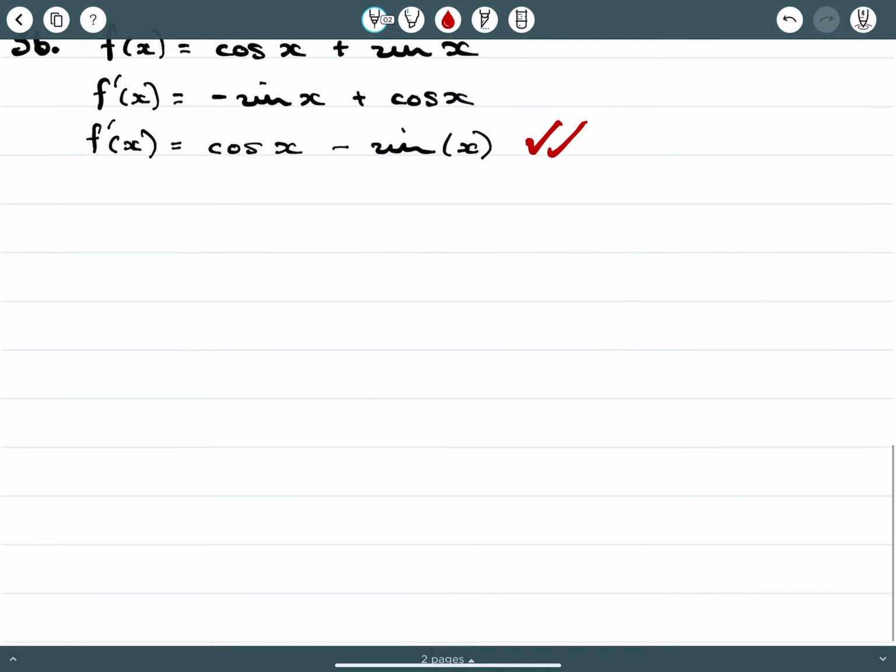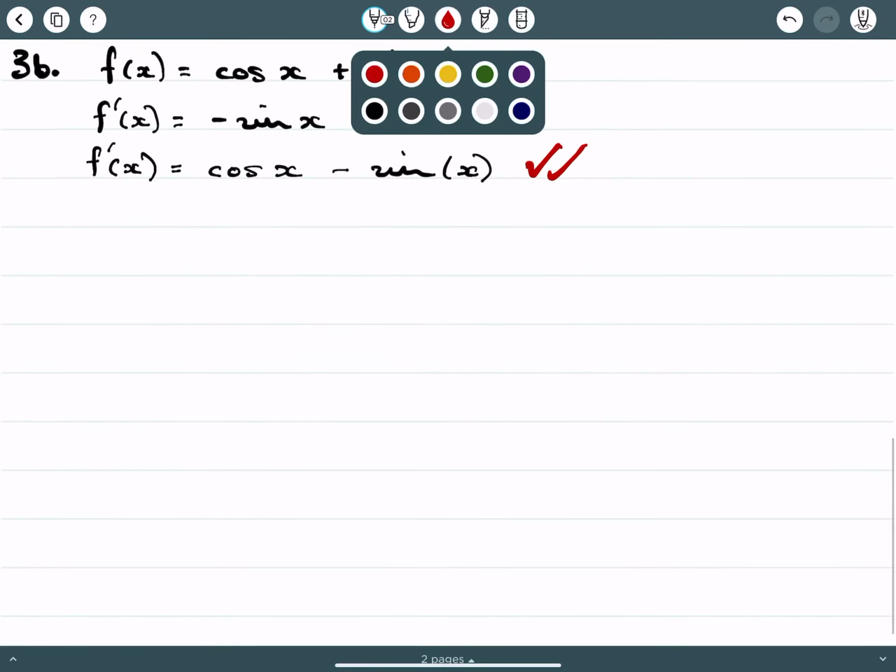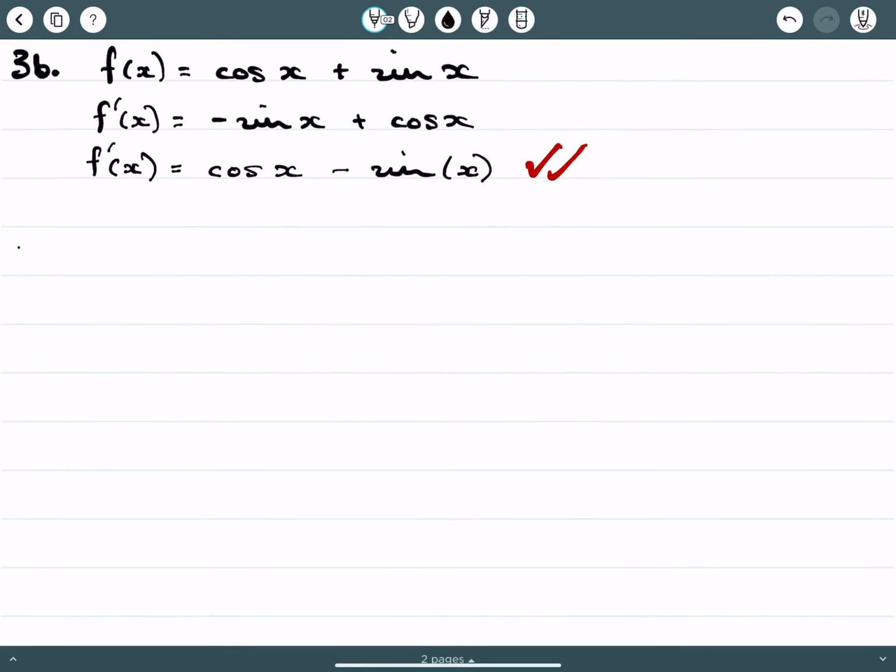Now, 3c, the function is given as f(x) equals sin x plus tan x. This is the first example where we are using a derivative of tan. We know how to derive sin x, so that's not going to be problematic.